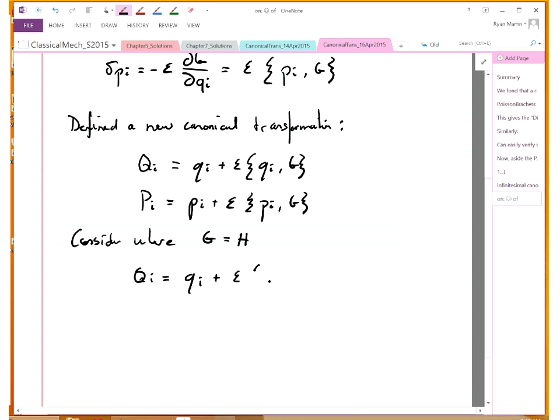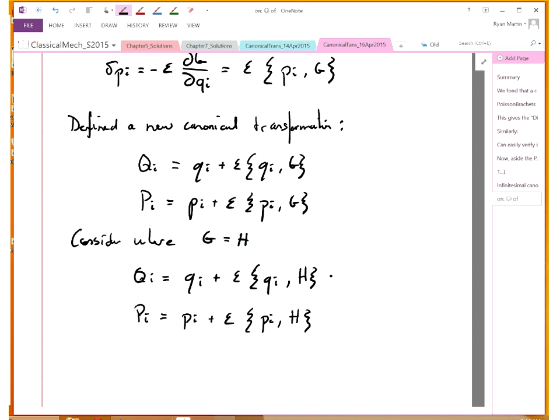That means capital Qi is equal to the original qi plus epsilon times the Poisson bracket of qi with the Hamiltonian, and similarly, capital Pi would be given by the original lowercase pi plus epsilon times the Poisson bracket of pi with the Hamiltonian.